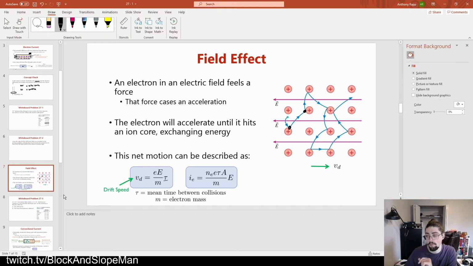How long it takes to get from this collision to this collision. And we're taking the average of all of those collisions, and we're finding out how long it takes for the electron to hit the next atom. Electron-electron collisions are technically possible, but because of the massive size difference between electrons and the atom, atom collisions are going to be substantially more likely. And then we can just plug that drift velocity into our equation for electron current, and we get a new form of the electron current just the same.